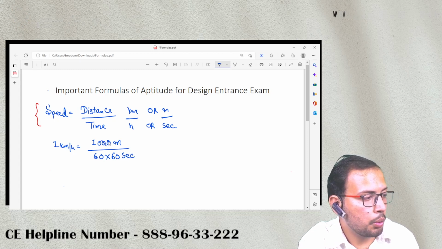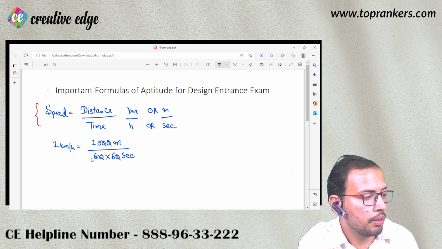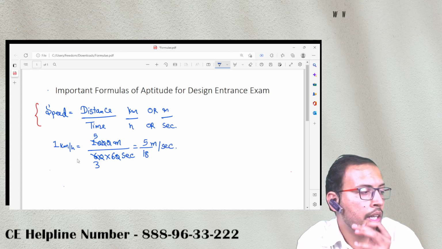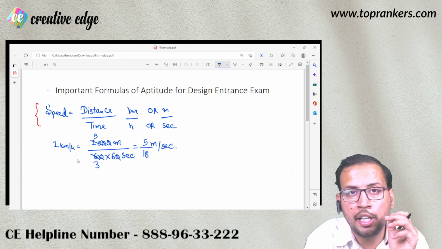From here 2 zeros can be cancelled out. 2 3s are 6, 2 5s are 10. So it is 5 upon 18 meter per second. So from here you can say that 1 kilometer per hour is 5 by 18 meter per second.